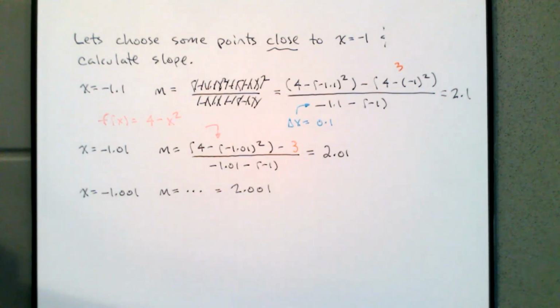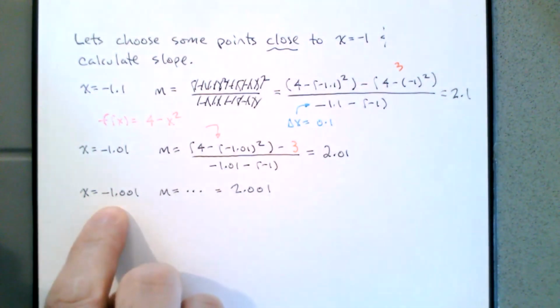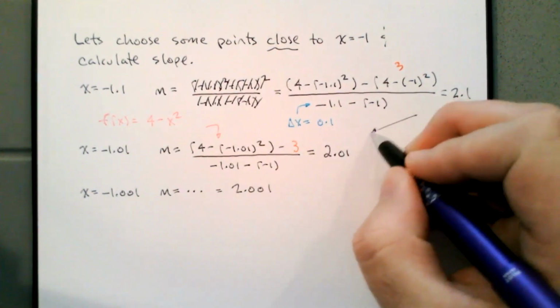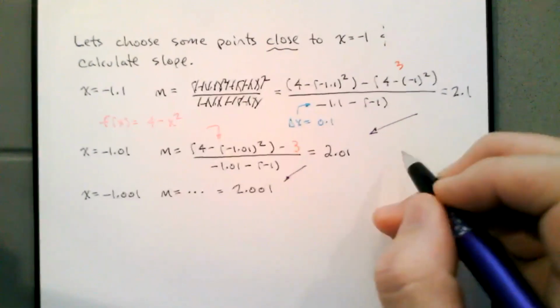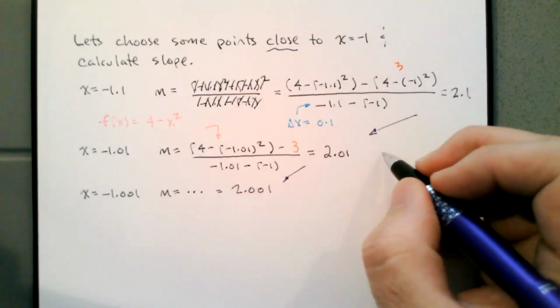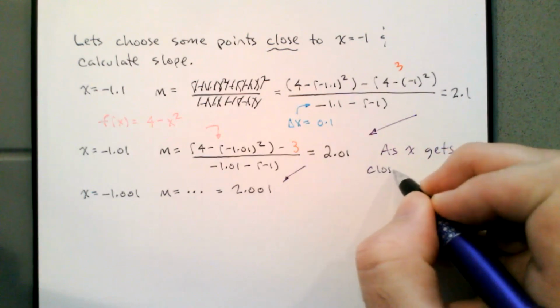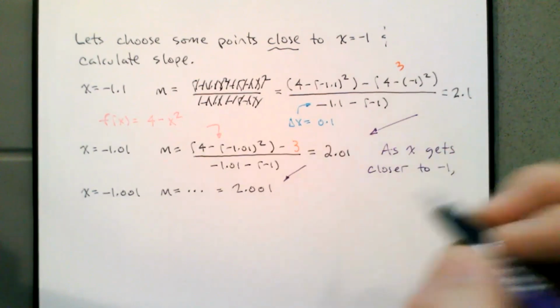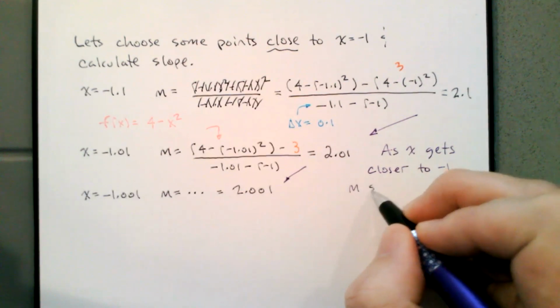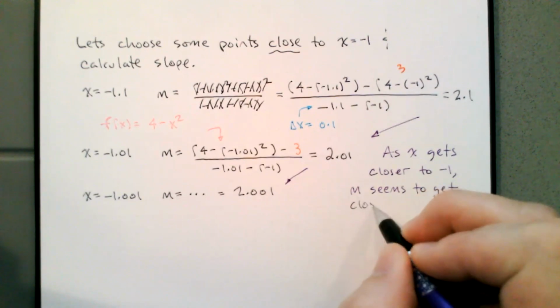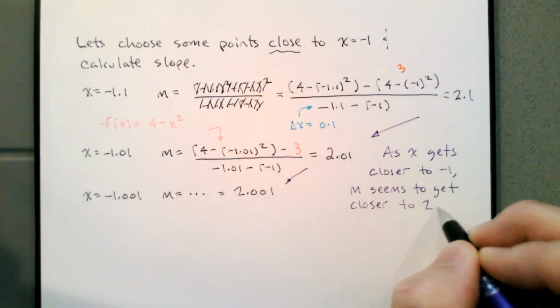But what we're trying to do is build an instinct. So we see that when x gets closer to -1, the slope appears to be getting closer to 2. That's what we want to observe about what's going on here. As x gets closer to -1, the slope seems to get closer to 2.